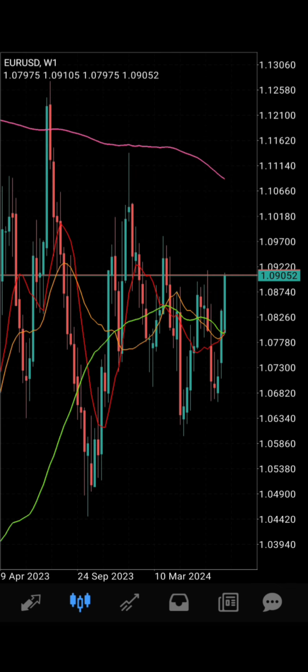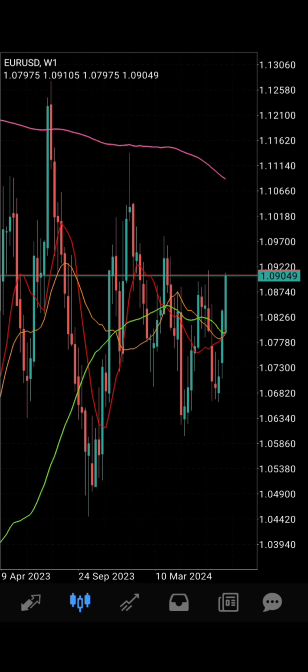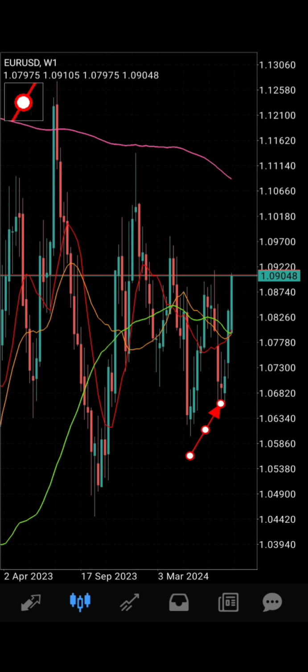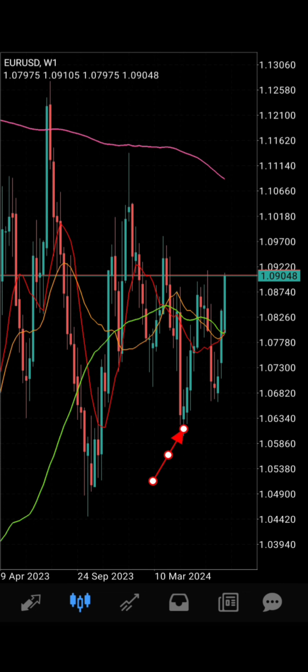So guys, after we analyze price structure, we realized that when price got here, it gave us a lower low, but when it got here, price failed to break this low over here. Instead, we got a higher low.